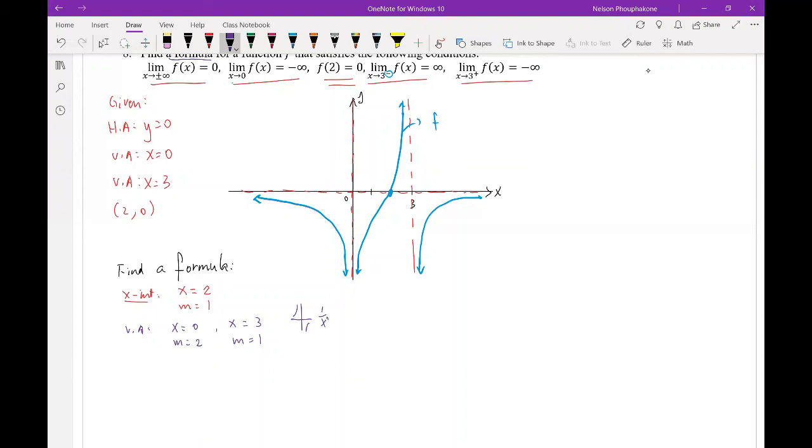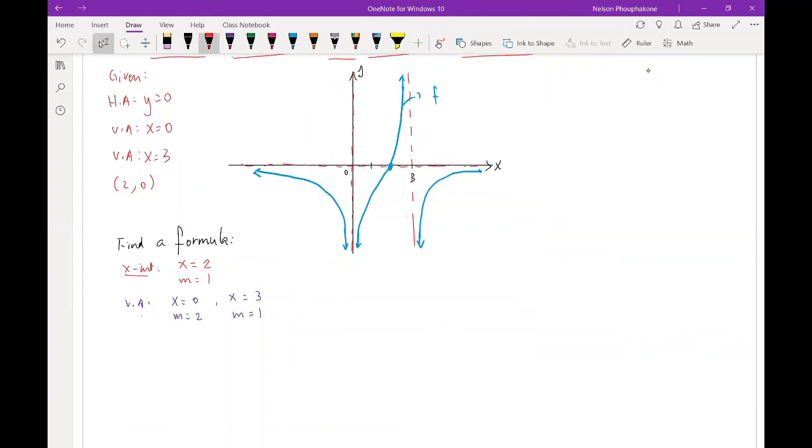And this one, the graph looks like 1 over x squared. So I have f of x is equal to a times x minus 2 all over x squared times x minus 3.